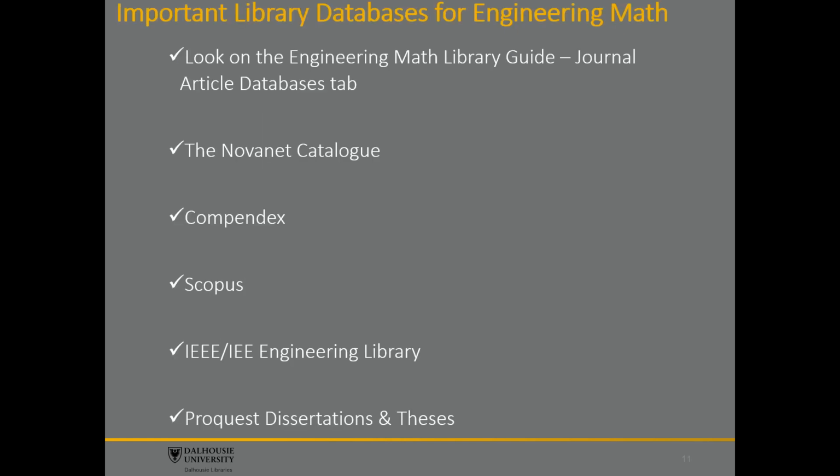So important databases for engineering math, we've covered this, but you can find them on the Engineering Math Library Guide on the Journal Article Databases tab. And today I'm going to show you the Novanet Catalogue, Compendex, Scopus, IEEE, and the Proquest Dissertations and Theses database. And we'll bring all of this Boolean searching to life so you can see how it works using live demonstrations. So that's what we're going to do next.